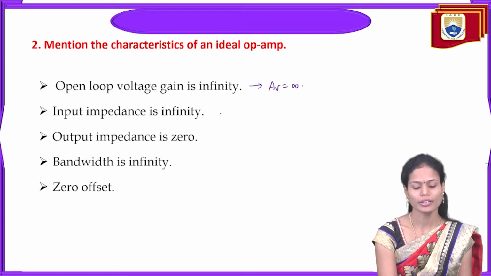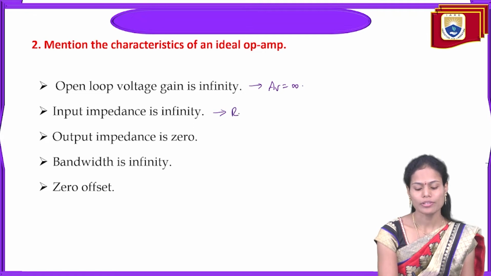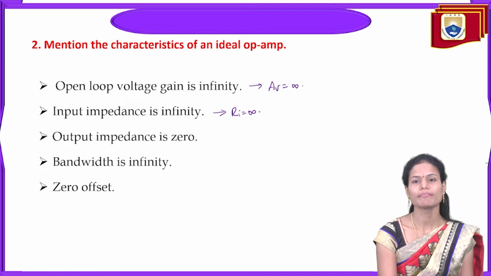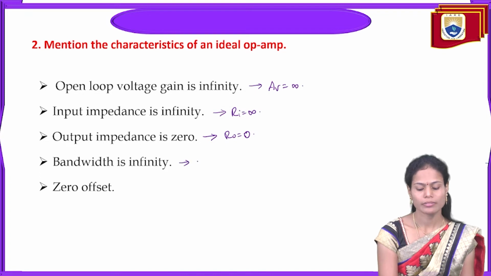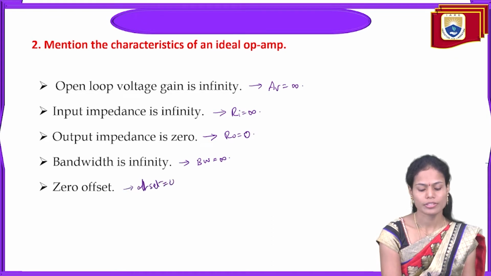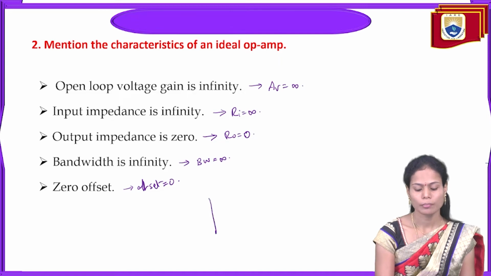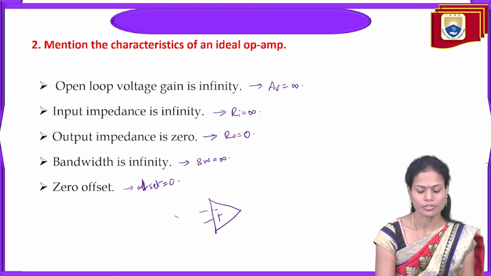It will also provide 0 offset voltage, that is, the output is 0 whenever both inputs of the operational amplifier are 0.